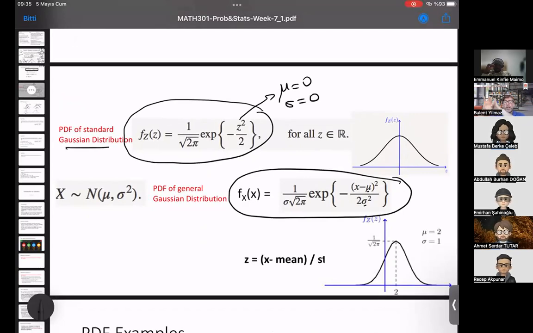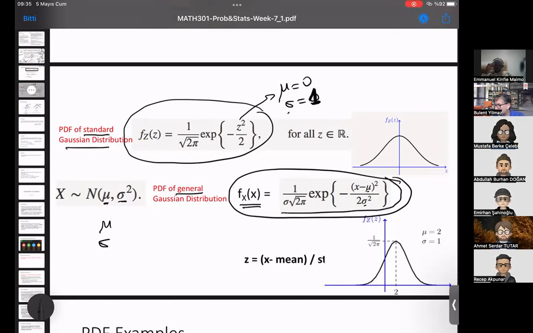If you want a general Gaussian distribution, you want a general mu, which is going to be 50, 10, or something other than 0, and sigma other than 1. Then it's called a general Gaussian distribution.